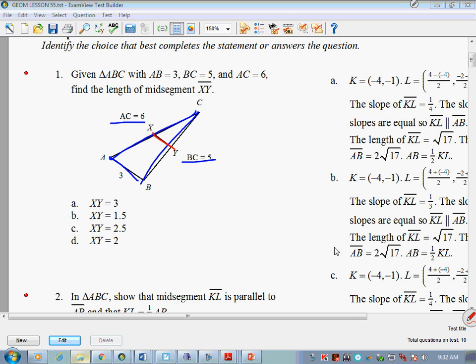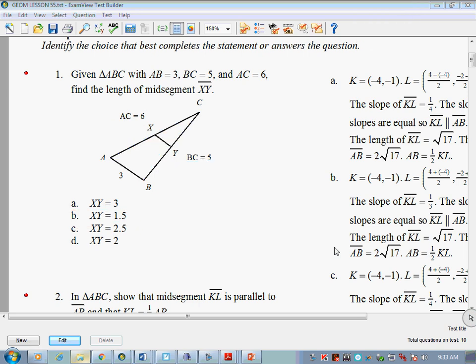Anybody else? Caleb's got an answer. Jesus and Mick have got an answer. Mick, what's your answer? How did you get that answer? You divided 3 by 2. So he got XY equals 1.5 because XY is parallel and half the length of AB. So you take 3 divided by 2. Very good.